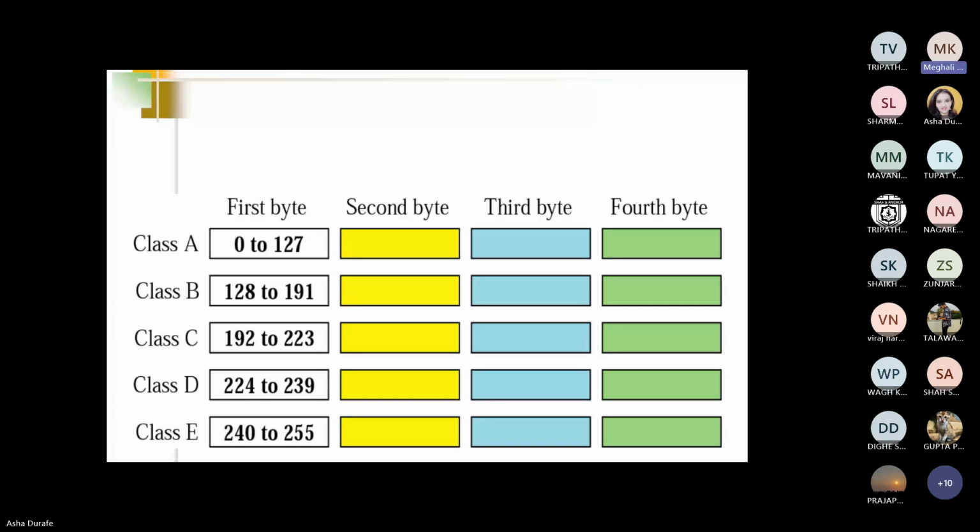You might have thought sometime why the IPv4 addresses are only between 0 to 255, not beyond that. Why is the limitation?